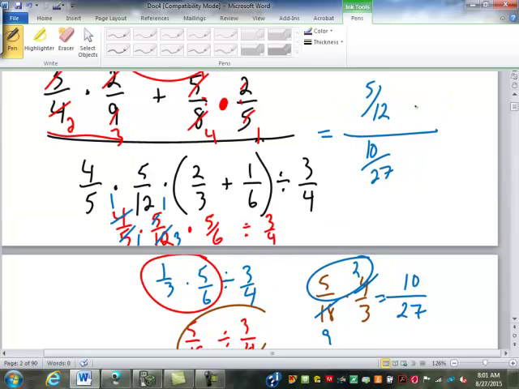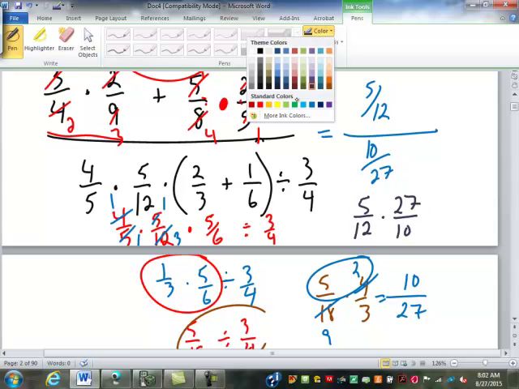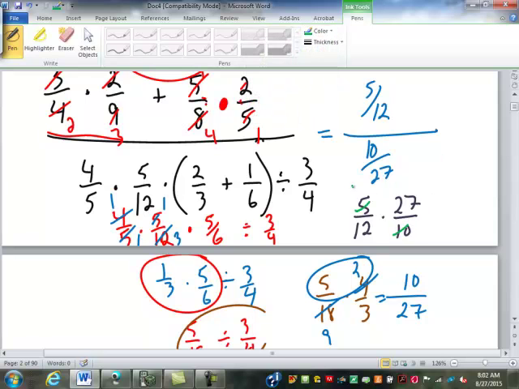So that's going to be 5/12 times 27 over 10. This cancels to make 1 and 2. This cancels to make 4 and 9. So we got 9 over 8, or 1 and 1/8.